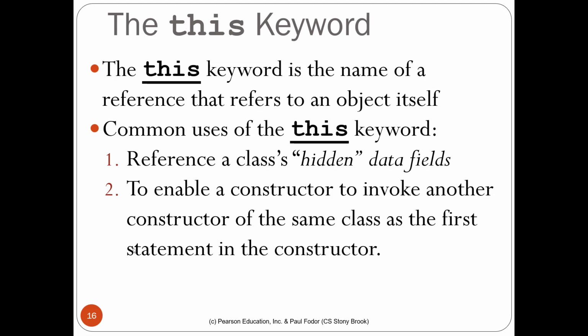If you want to refer to the object which is invoking methods of a class, then you'll have to use the this keyword for that reference. A common use of the this keyword is to reference a class's hidden data fields. I'll explain what a hidden data field is, and for that I'll use the example as well as the demo to tell you what is hidden and when a data field can be hidden.